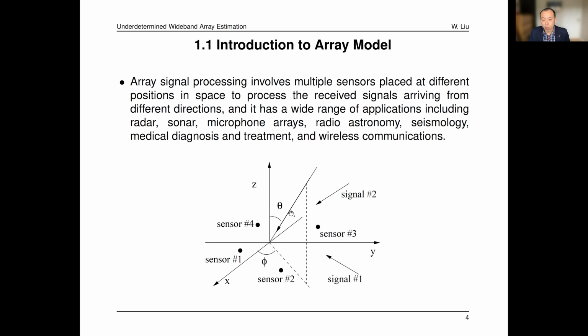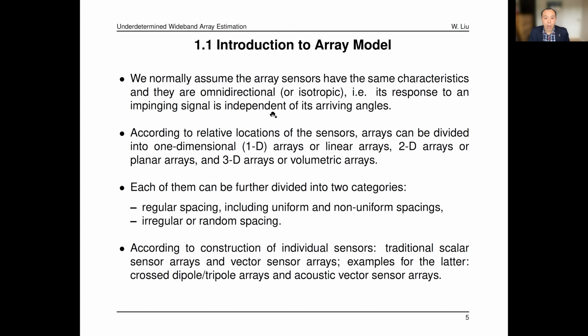Certainly this case is for the reception mode, and we can also use this array system for signal transmission, not just reception. We normally assume the array sensors have the same characteristics, and they are omnidirectional or isotropic. That is, the response to an impinging signal is independent of the arriving angles.